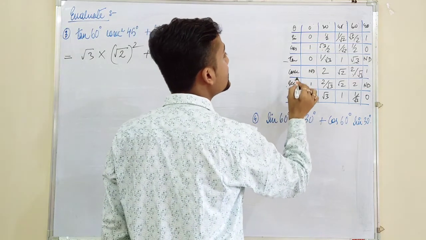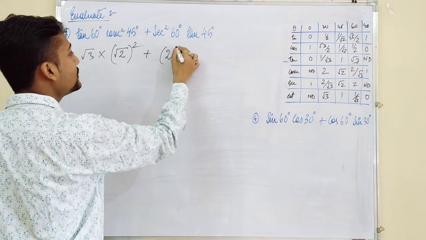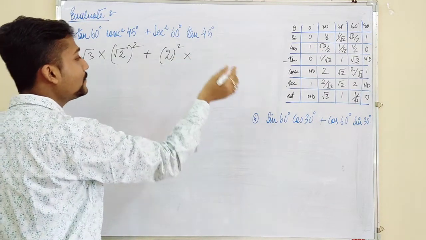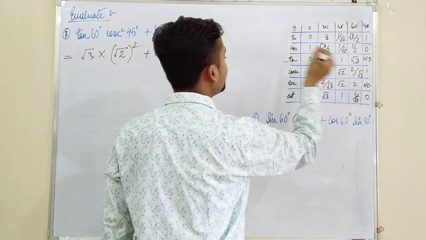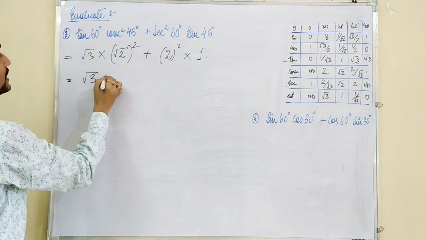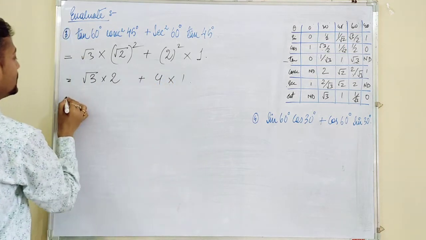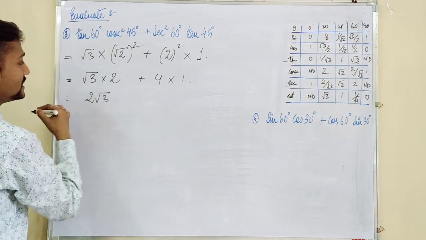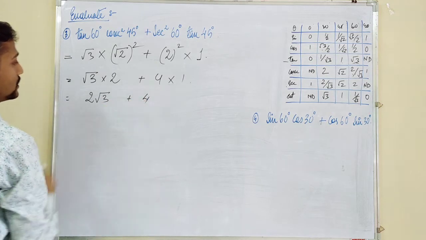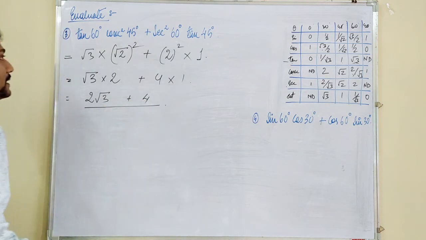Sec 60 you just see, sec 60 is equal to 2. Sec square 60, that means 2 square, into tan 45. Tan 45 is equal to 1. This is quite simple. 3 into 2 plus 4 into 1. So it will be 2 root 3 plus 4. So this is the value of your required question.